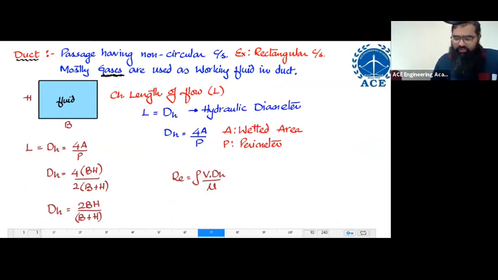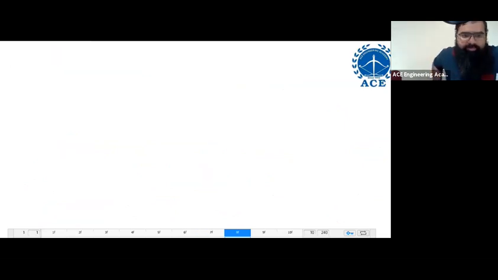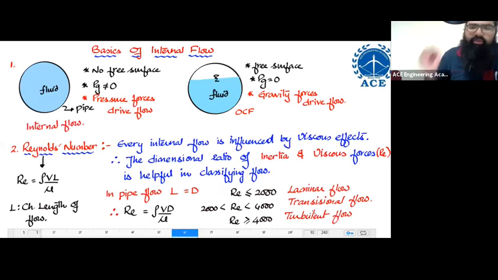Moving further, now comes the third thing. This is going to be lengthy, and it is going to be the last thing. These are the standard equations which are obeyed in every internal flow through a pipe, whether it is laminar, transition, or turbulent.